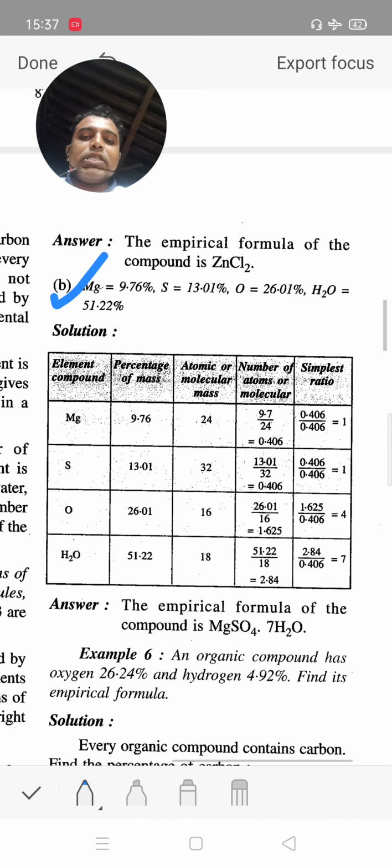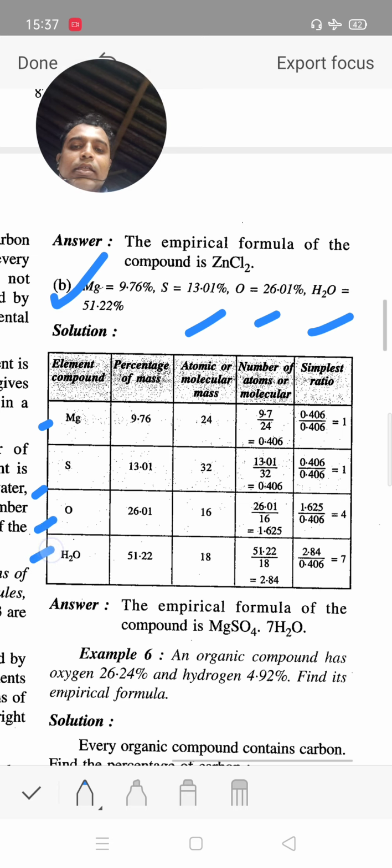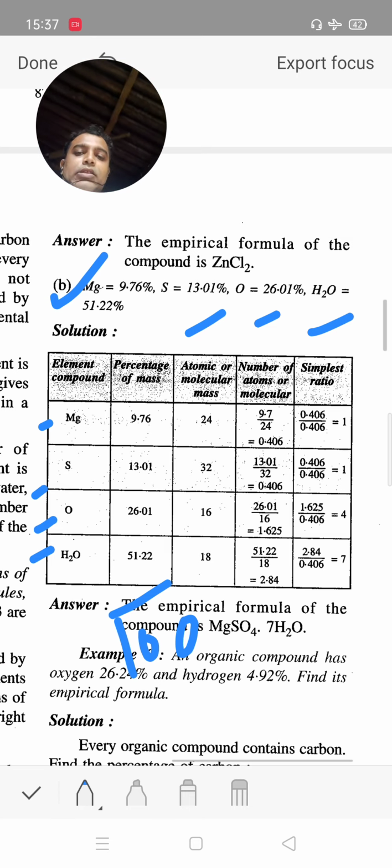Next example: Mg 9.76%, sulfur 13.01%, oxygen 26.01%, water molecule 51.22%. Their percentage mass is about 100%, so no other elements are present. Then we divide their percentage by the atomic mass. 9.76 upon 24 is equal to 0.406.